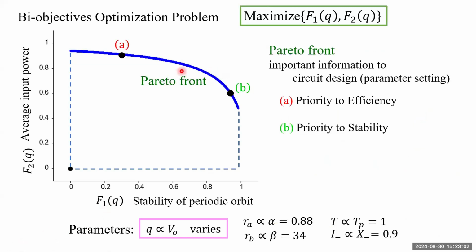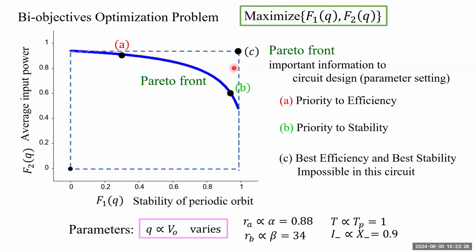Let us consider this Pareto. It gives important information for circuit design, the parameter setting. If we give priority to efficiency, we select the parameter here. And if we give priority to stability, we should select this point.